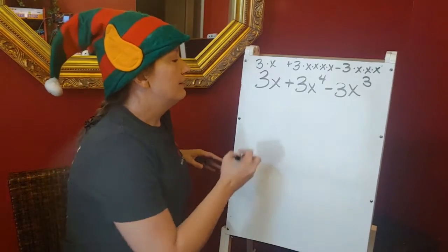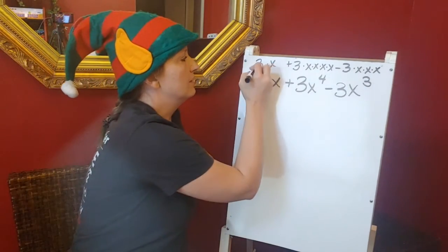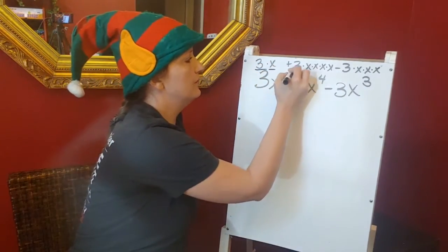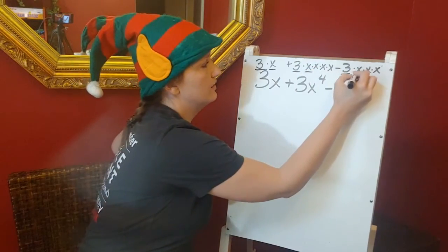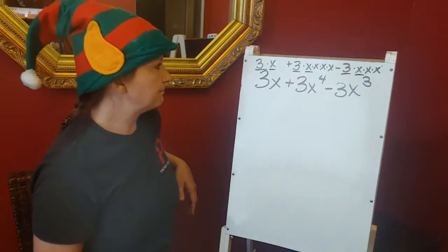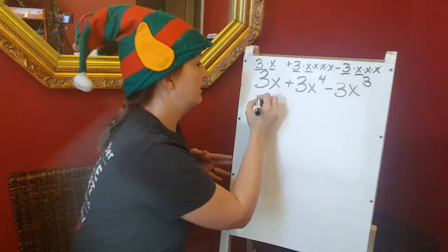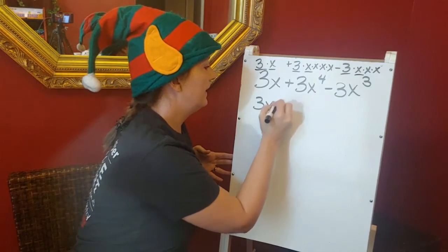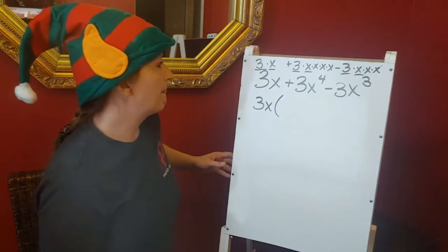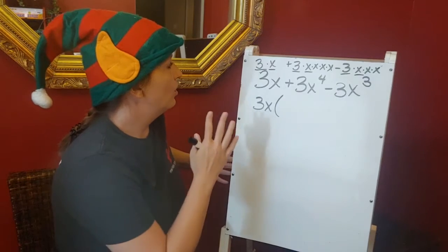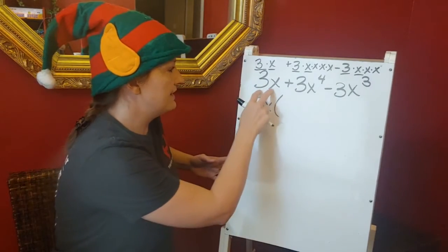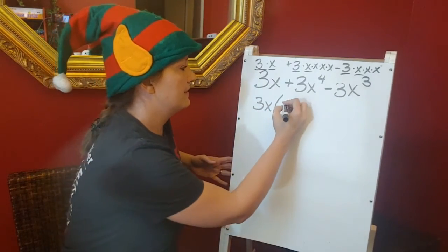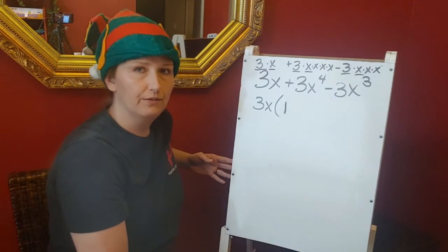So we're going to look at what they have in common. Each one of these terms shares a 3 and a single x, right? So we're going to factor that out. We're going to pull out a 3x, and look at what is left. If I take a 3x and divide it by 3x, I'm left with 1.